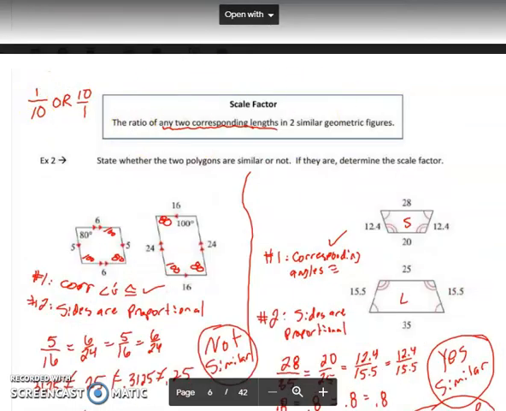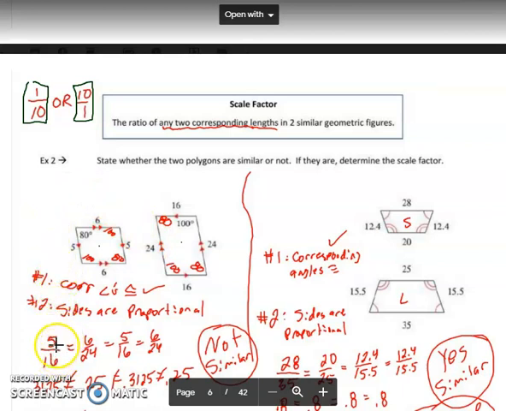You'll notice up here with scale factor, depending on which figure you're looking at, small to large or large to small doesn't make too much of a difference. If you're using 1/10, that's really the equivalent of 10 over 1. It just depends on the perspective you have for the problem. If I looked at this as the smaller shape to the larger shape, I might have my scale factor set up as 5 over 16.